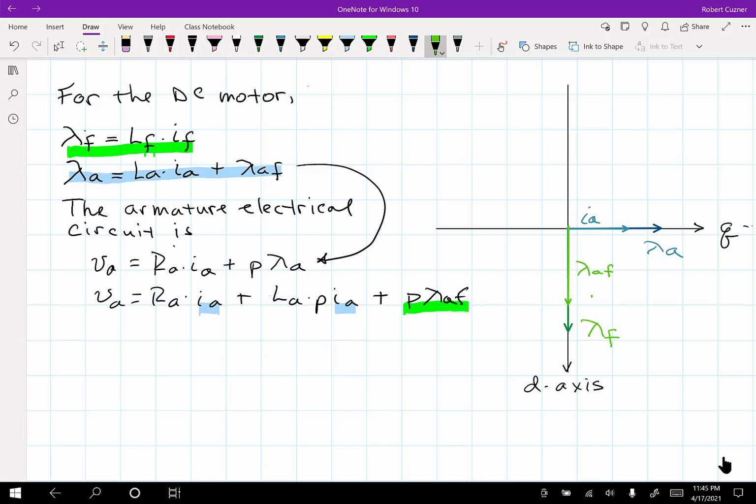So when we take the derivative of this term right here, what are we actually getting? Well, we can write the derivative of the flux linkage as equal to j omega R lambda AF.